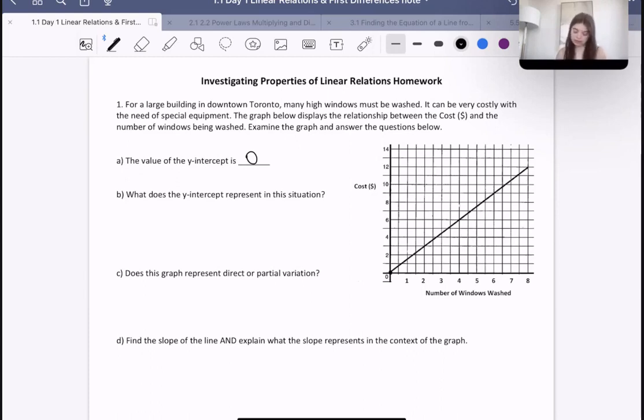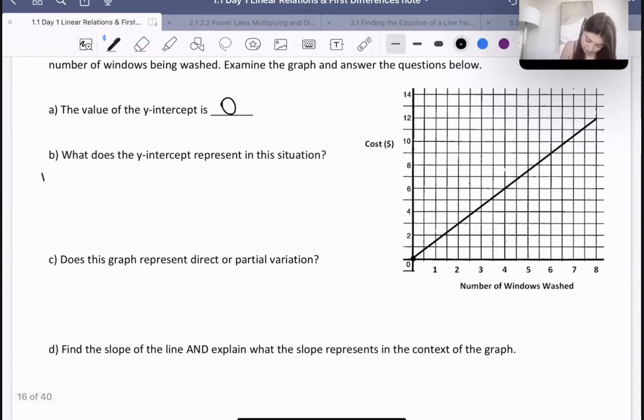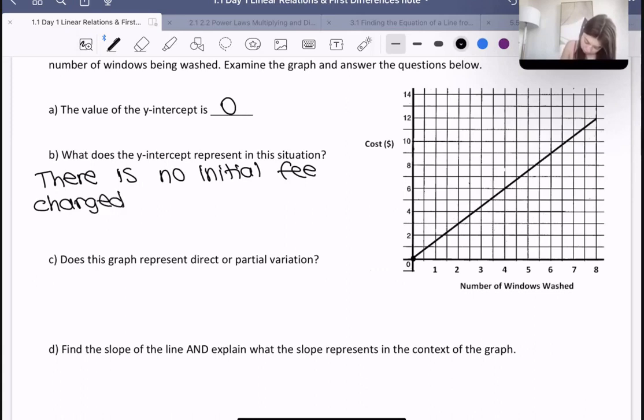What does the y-intercept represent in this situation? Basically, it represents that there is no initial cost or there's no initial fee that's needed to be paid before windows are washed. So I'll write that down. There is no initial fee charged before washing windows.